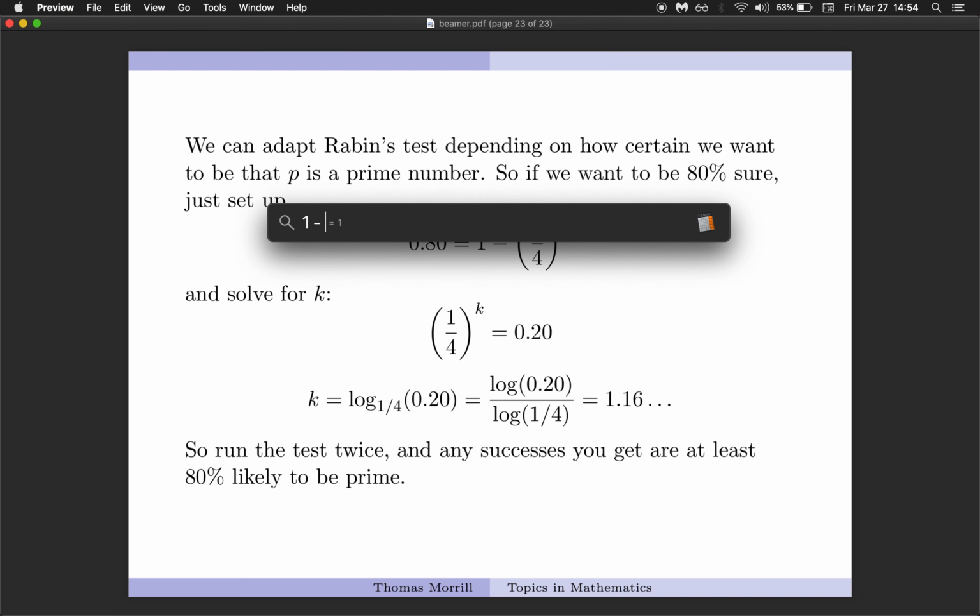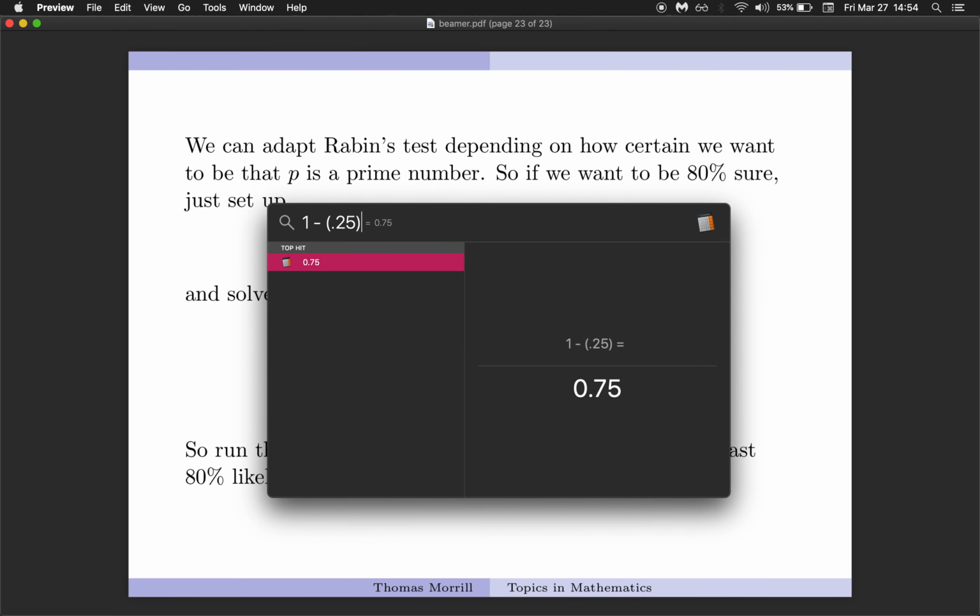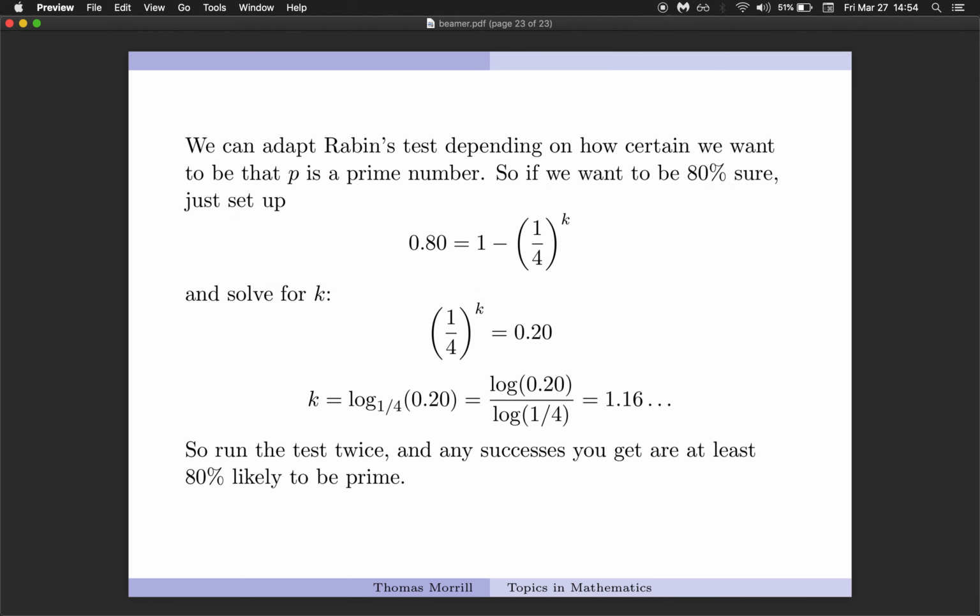Right. What's the actual percentage? I'd say I've got 1 take 0.25 squared. So that's actually 93% and 3/4 of another percent. So even better than my 80% that I wanted.